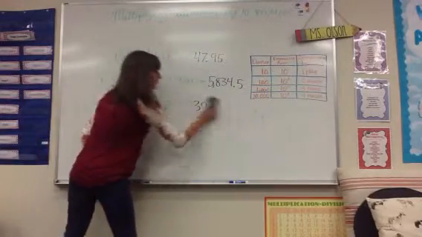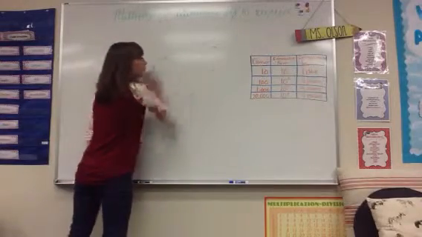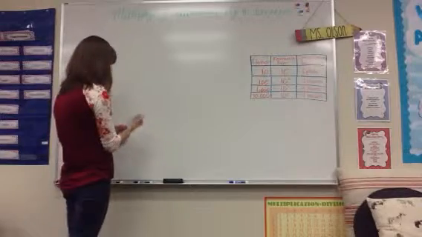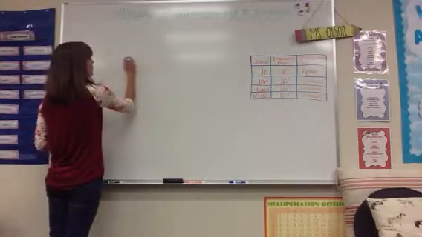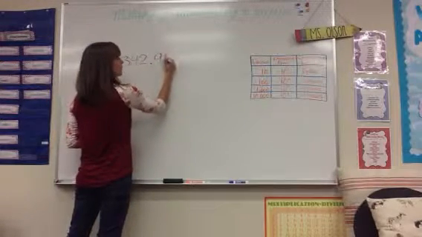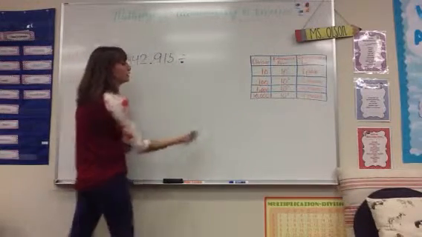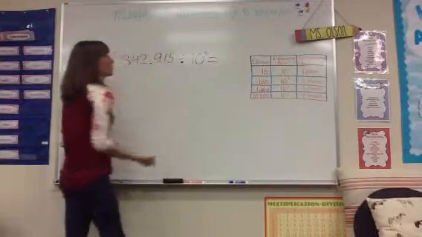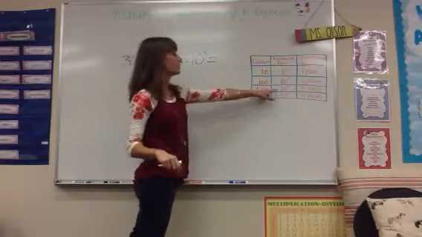I bet you can figure this out on your own, but I'm just going to show you a couple. Let's say we have 342.915 divided by 10 to the third power equals what? How many times do you have to move it over?